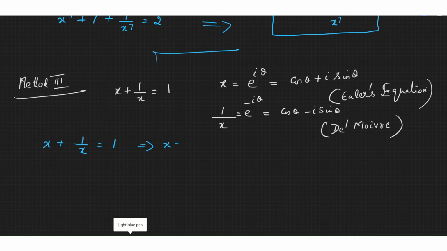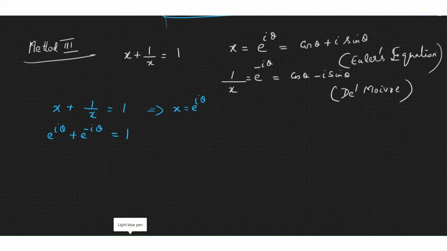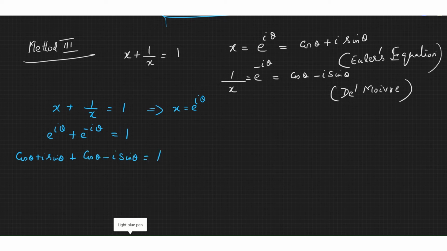And from that only I got the result x equal to e raised to i theta. And so you get e raised to i theta plus e raised to negative i theta is 1. Now e raised to i theta and e raised to negative i theta, we know the results. So when I substitute here cosine theta plus i sine theta, and due to De Moivre cosine theta minus i sine theta, and that is 1.